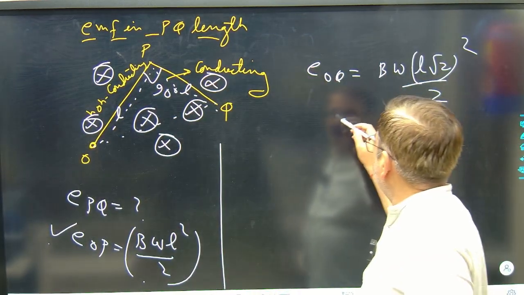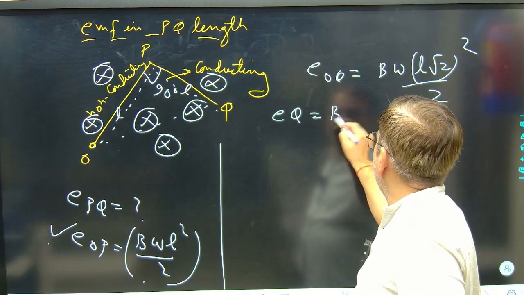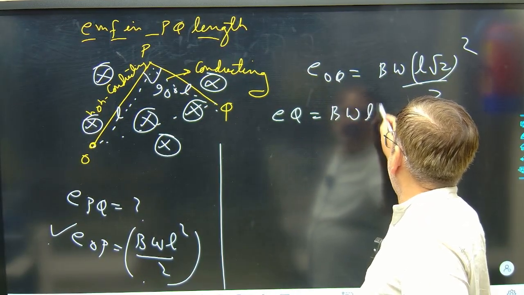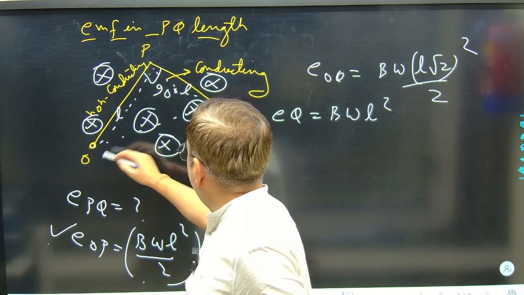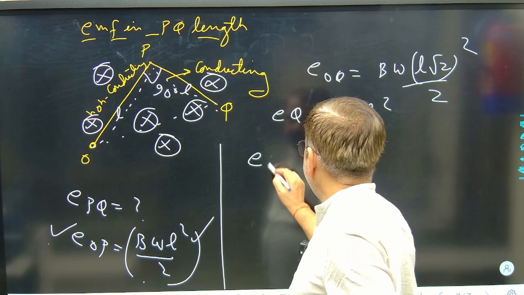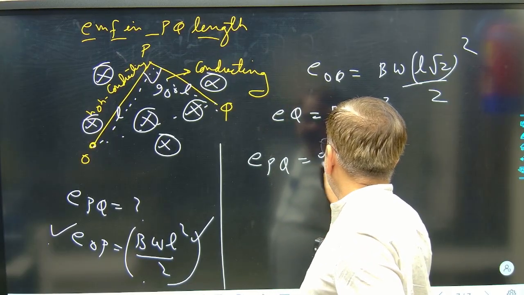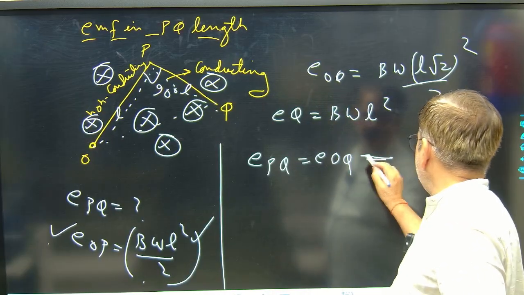So EOQ will be B omega L square, and EPQ, if I integrate, EOP was this, hence EPQ will be EOQ minus EOP.